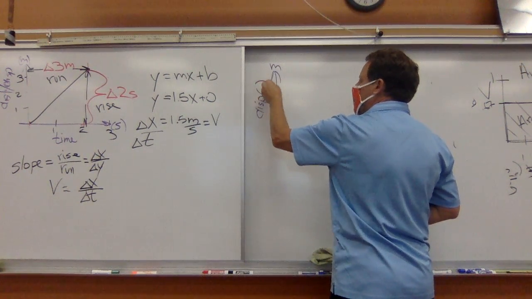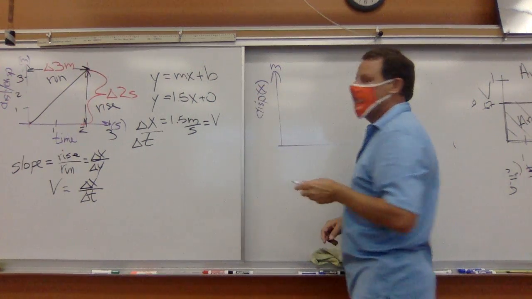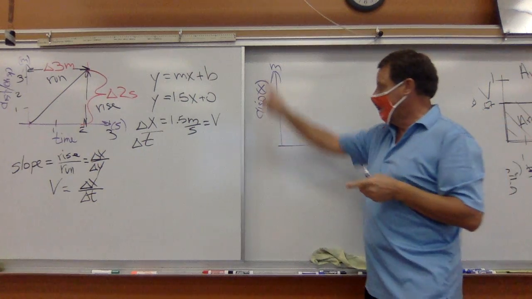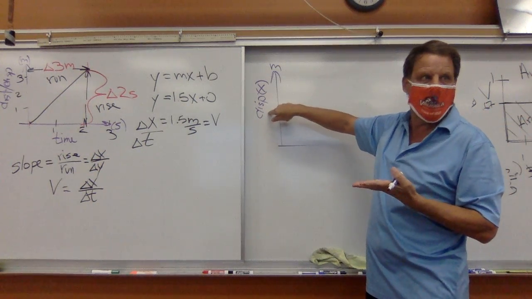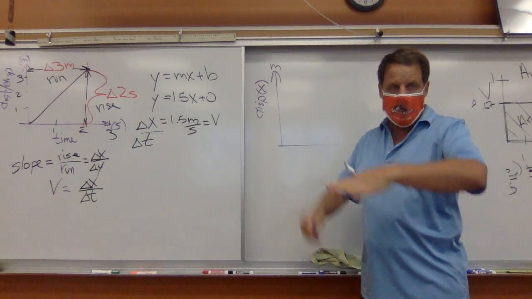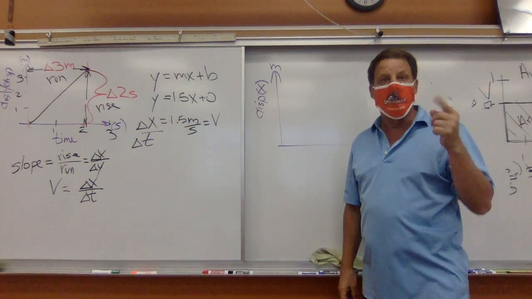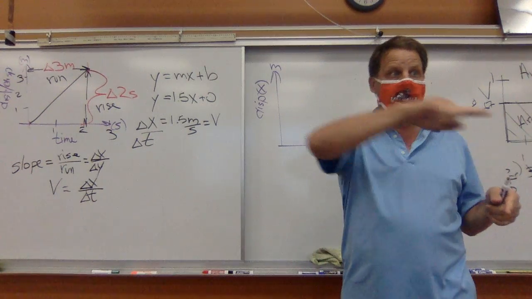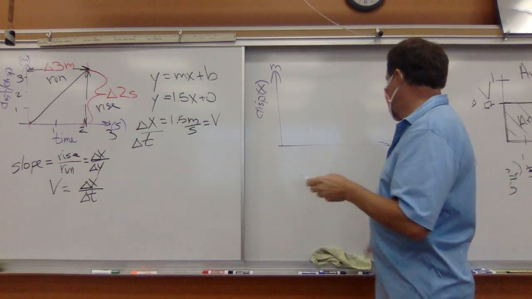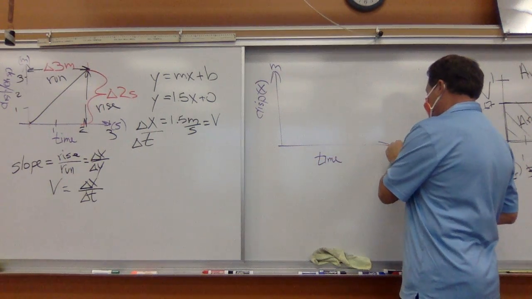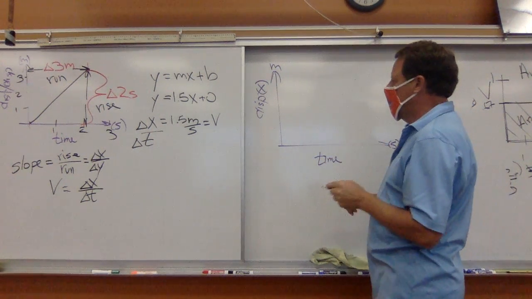That's going to be meters. And we can even call that X, because we're going to measure this displacement in X. Again, it could be Y, it could be R, it doesn't really matter. But because we're doing one-dimensional right now, we're going to think of our one dimension as being X. Think of it as horizontal. And then our time here is going to be in seconds.